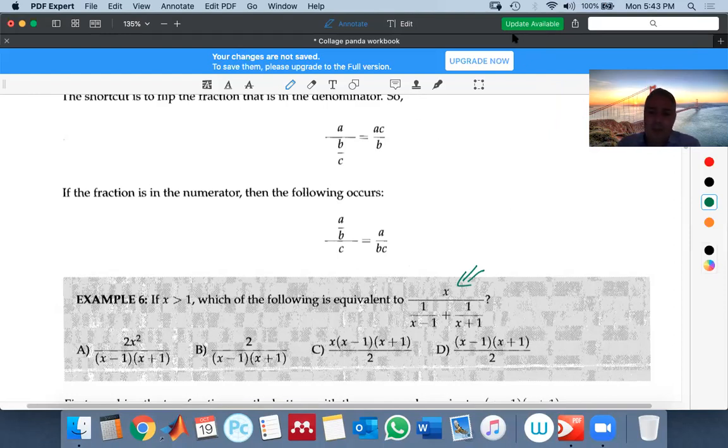I don't know if someone answered or not. This is the Google Classroom code.